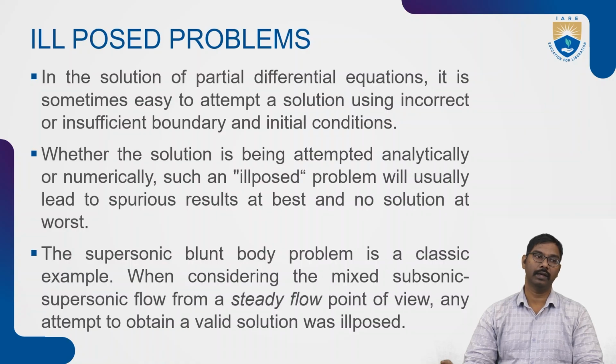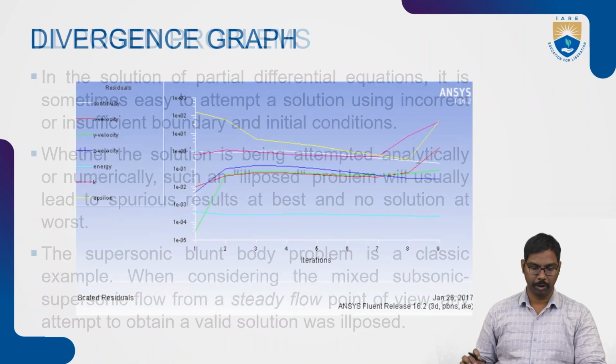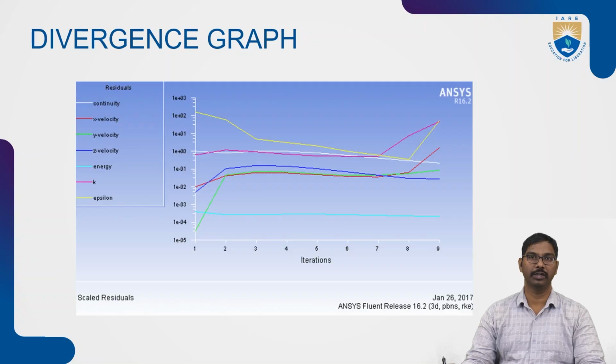But once it becomes subsonic, the boundary conditions are not enough to solve that particular problem, such that it becomes an ill-posed problem. This type of solution leads to a divergent solution.